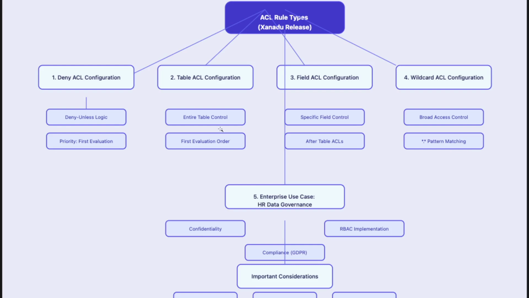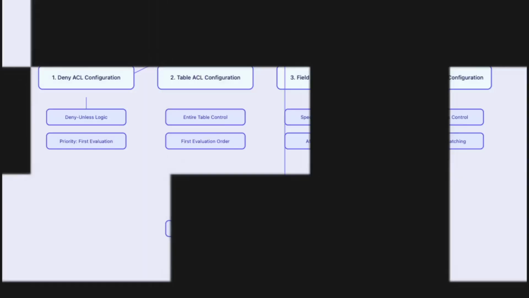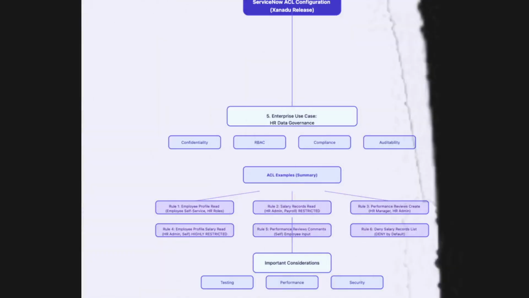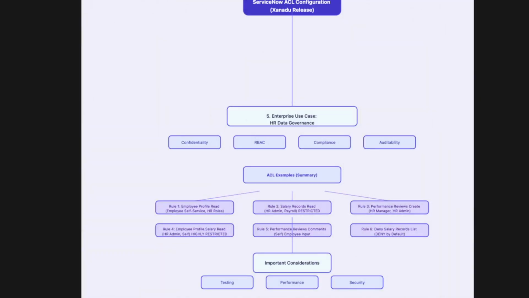In order to understand these things, we fictitiously create an enterprise use case, which is HR data governance, and we are going to go into details on the next slide.